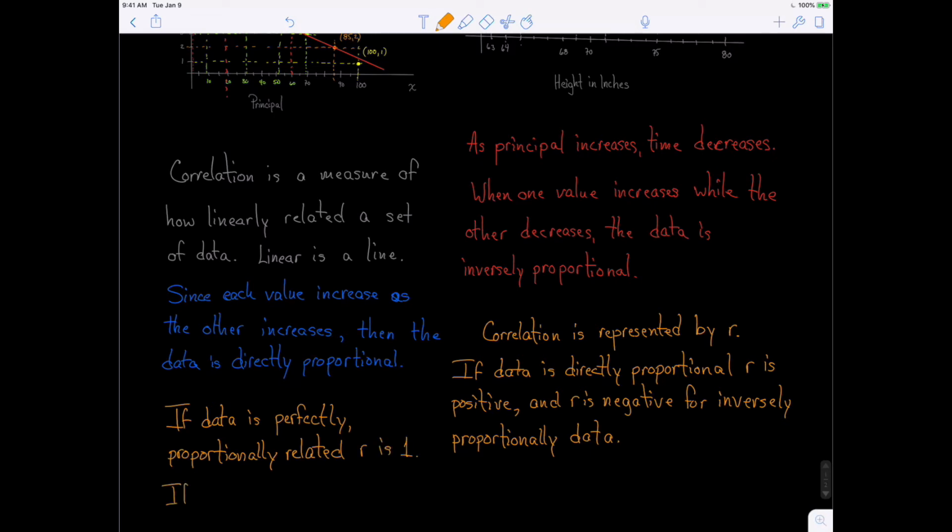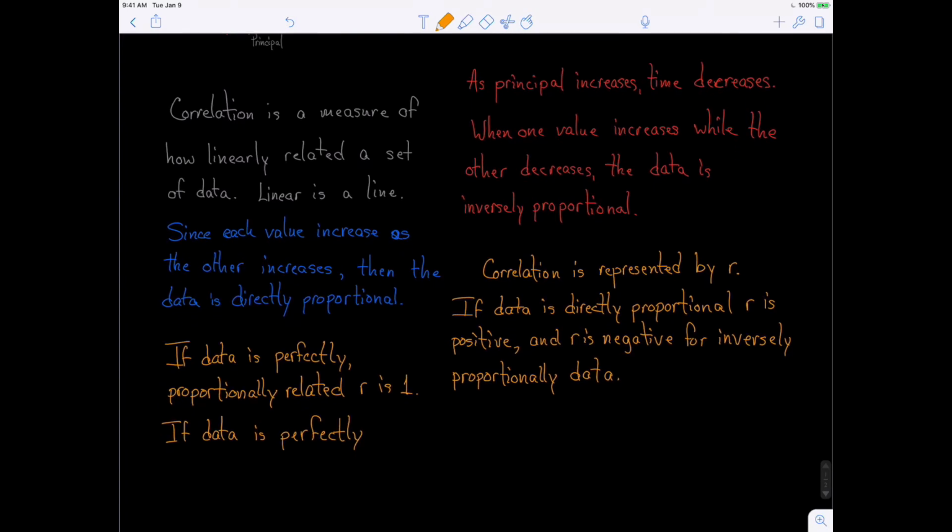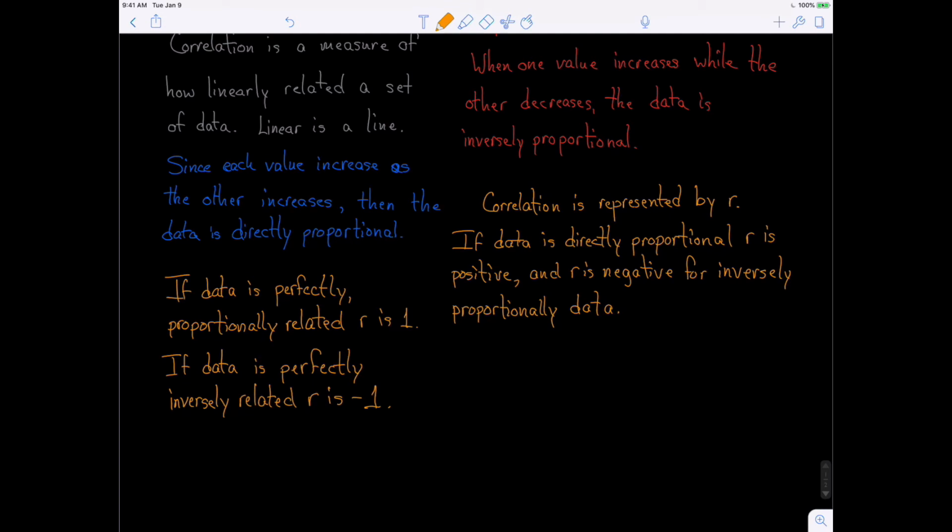And likewise, if data is perfectly inversely related, R is negative 1. And that's actually the largest and smallest that R can be. And so what we say in general is that R is somewhere from negative 1 up to 1.